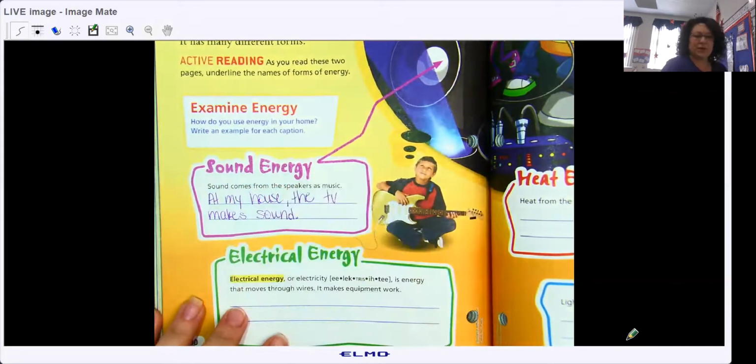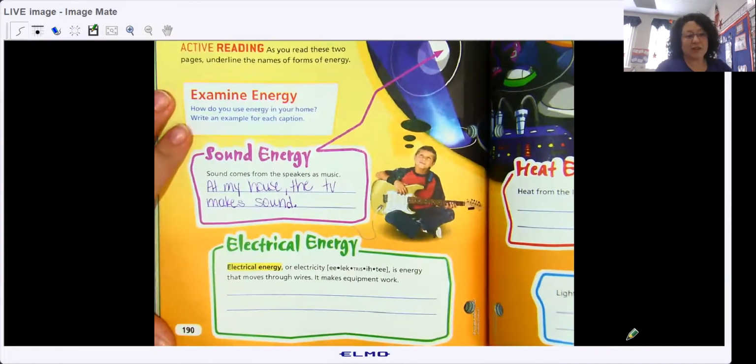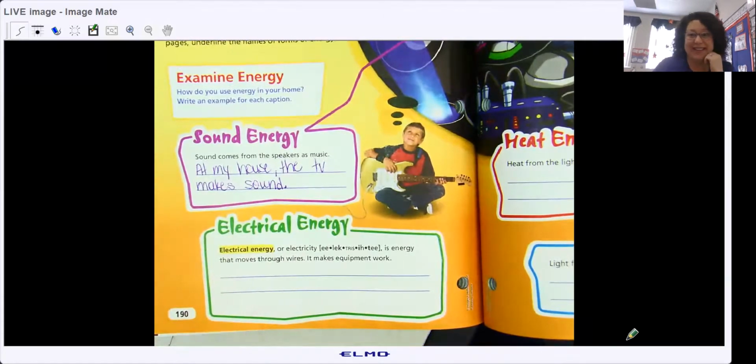Like your Alexa might make some sound. You might make it play, or your karaoke machine. We love our karaoke machine. We are not good singers, but we sure do love to sing loud. That's not good sound energy for anybody else though.